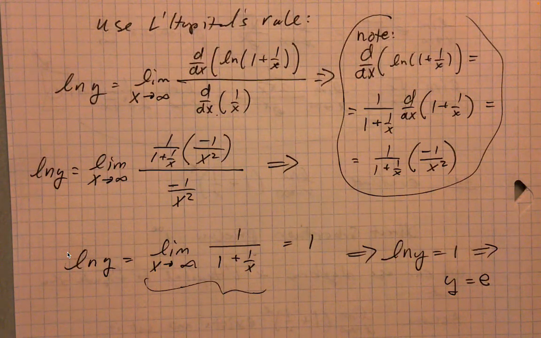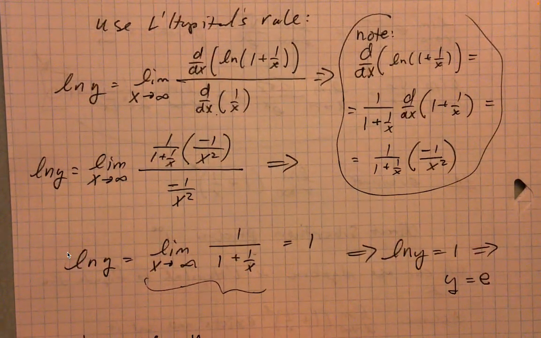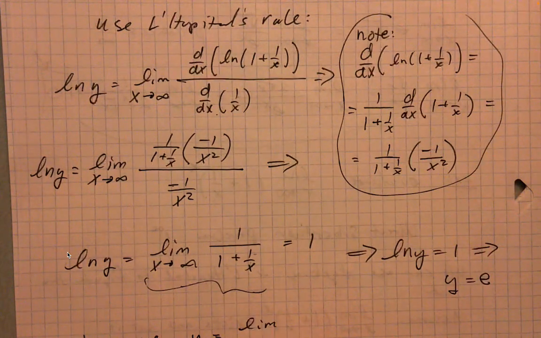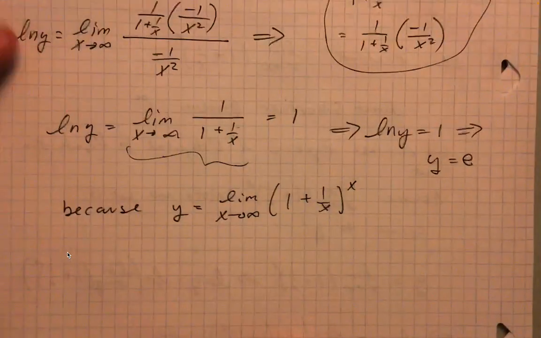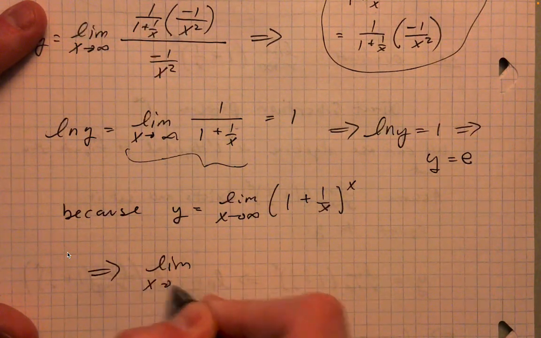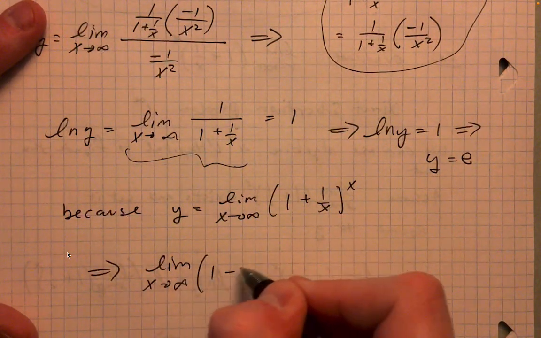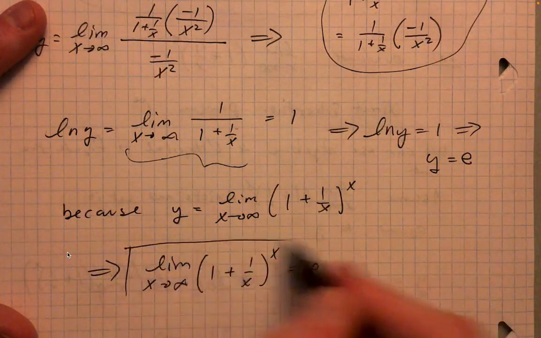Now remember, y is our assumed value of the original limit we were looking at. Because we said that y is equal to the limit as x approaches infinity of 1 plus 1 over x to the x power, this is going to imply that the limit that we were looking at initially is equal to e.